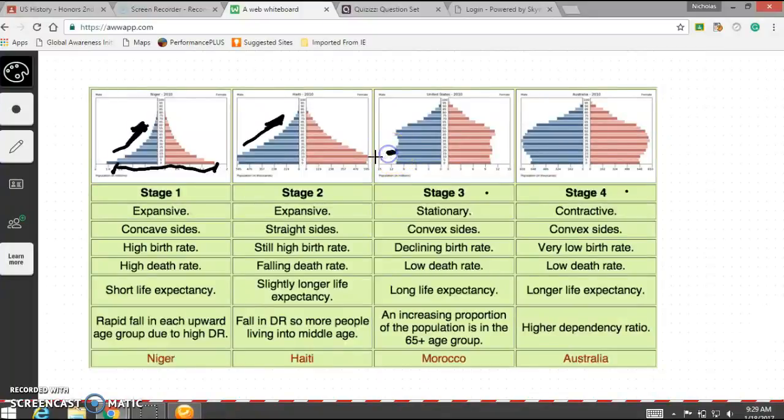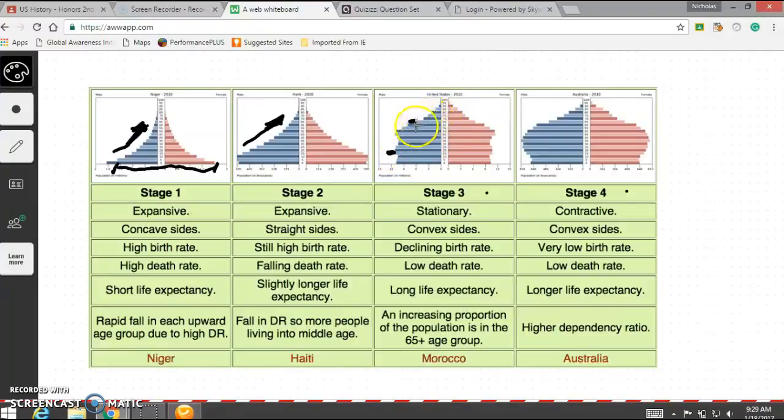Here are the young dependents, and right about here are the old dependents. And you'll notice there's a noticeable difference between those two, the old dependents and the young dependency line. And then there's this really sharp drop off in life expectancy there. That's a pretty good indication that this is a stage 3 country.